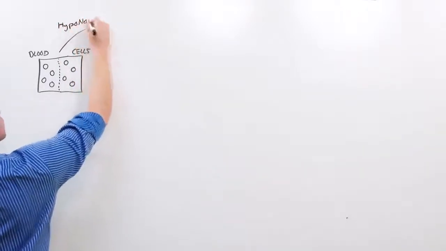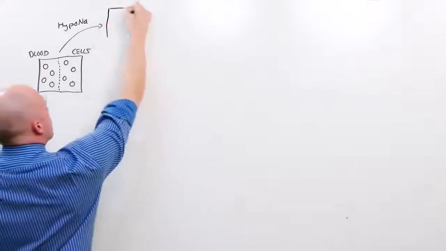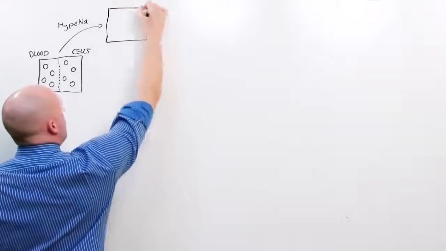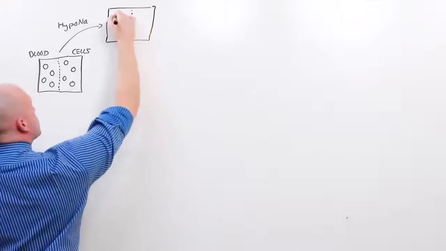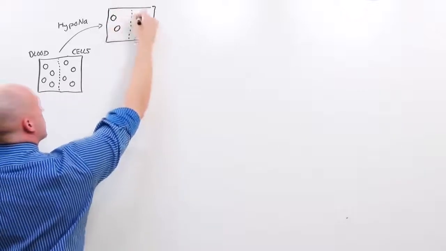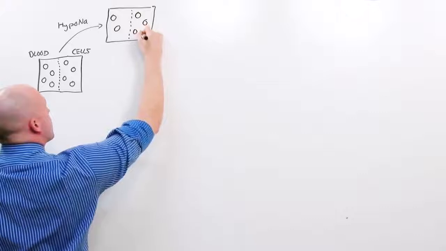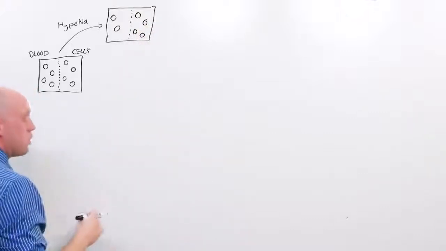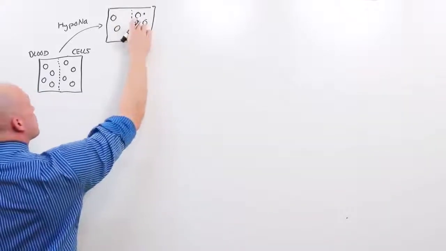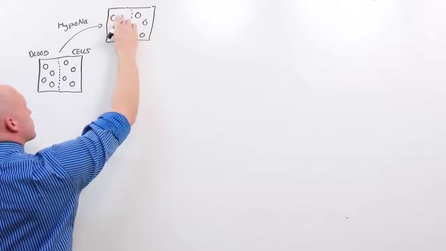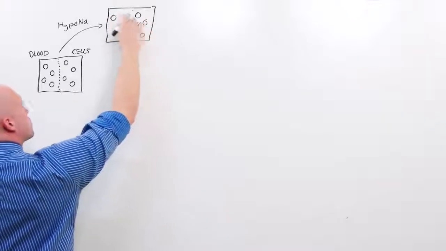In the case of hyponatremia, that is too little stuff, what happens, you've got too little stuff in the blood and the cells are the same. Water is going to flow from an area of less concentration to more, where there's more water to less.